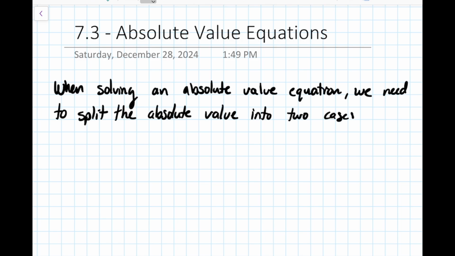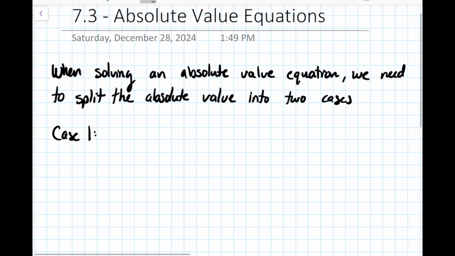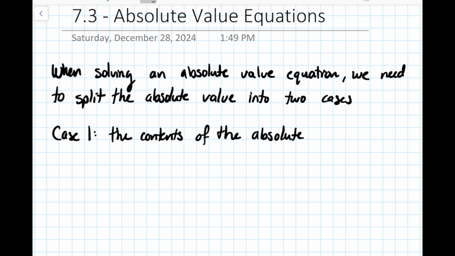So our first case, case 1, is what happens if the contents of the absolute value are positive. And that, when we were dealing with our graphs, was the stuff that didn't get flipped. It had a positive value.